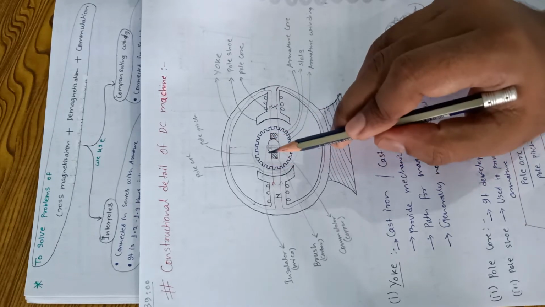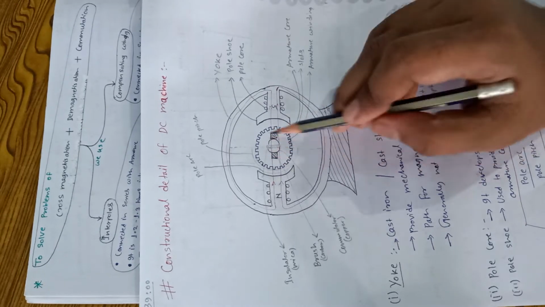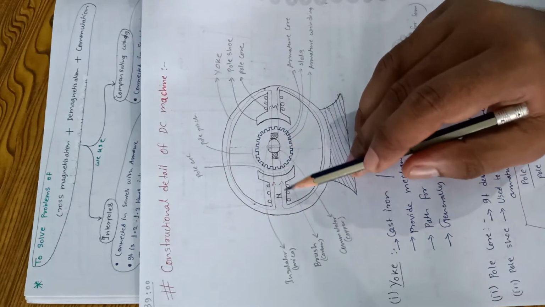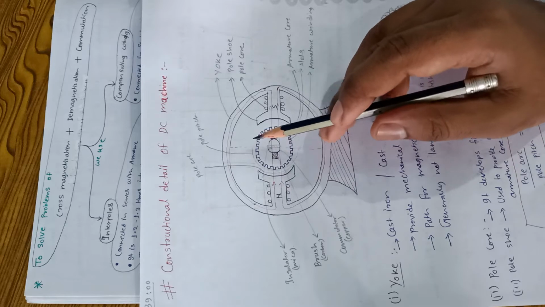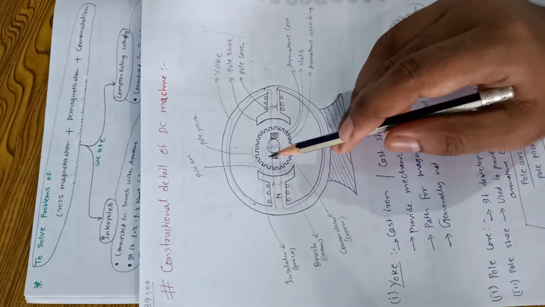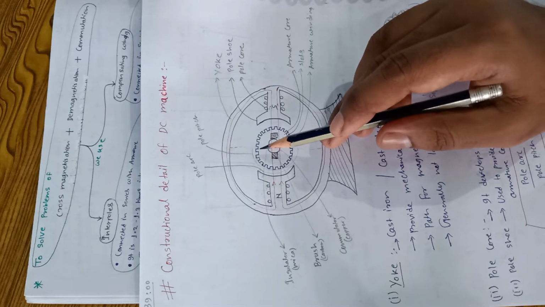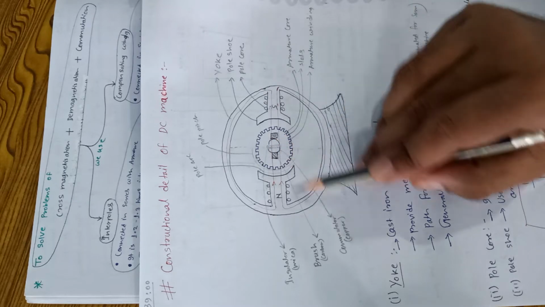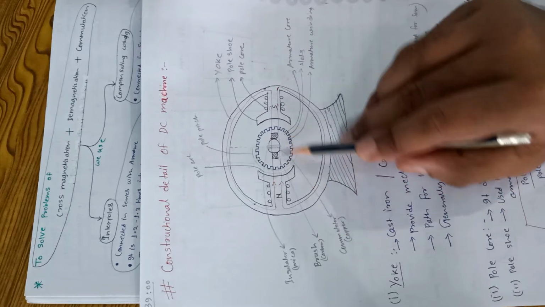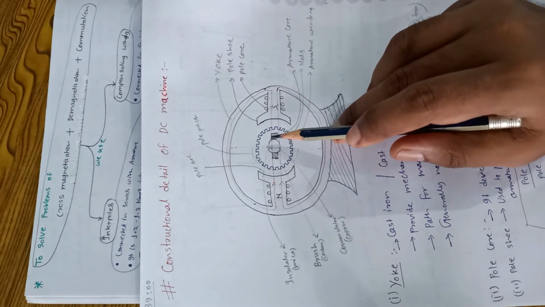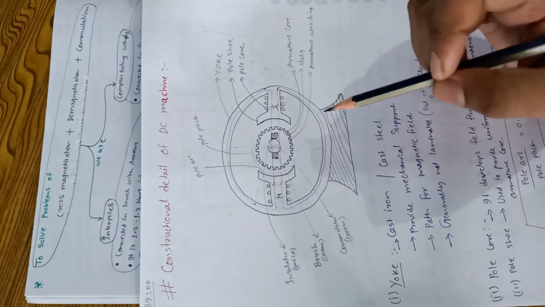Due to this rotation of the armature conductor in the stationary field, a further EMF is induced in the coil, and this induced EMF is the back EMF. This induced EMF will oppose the input EMF that we provided, and that is due to Lenz's law.